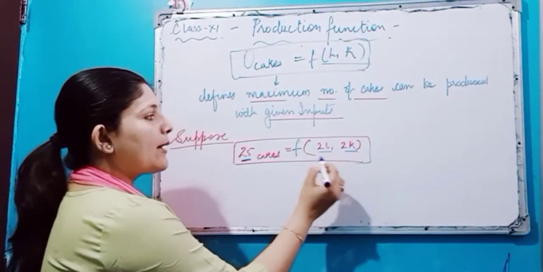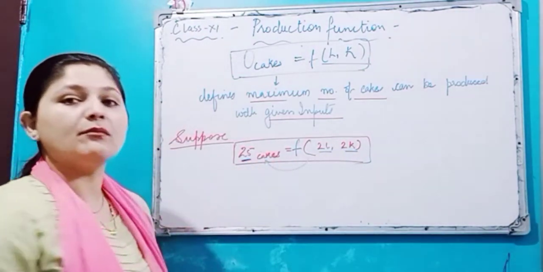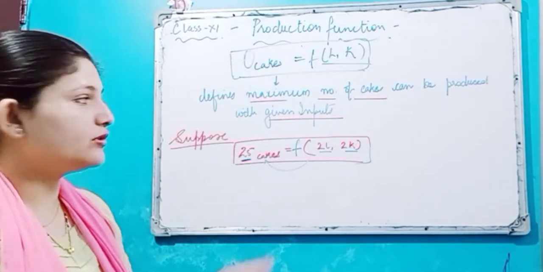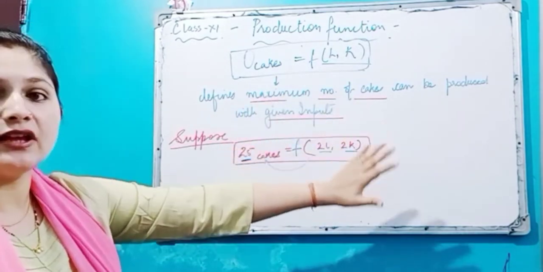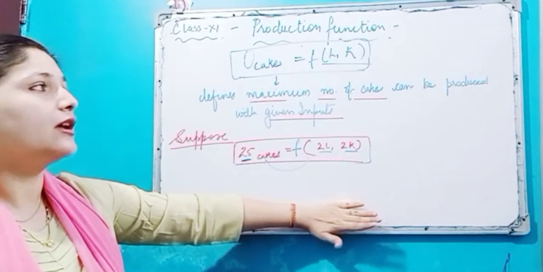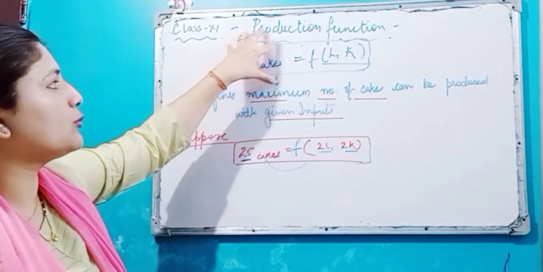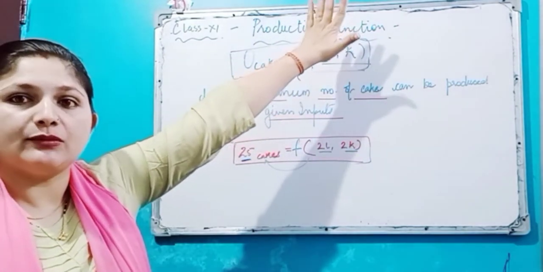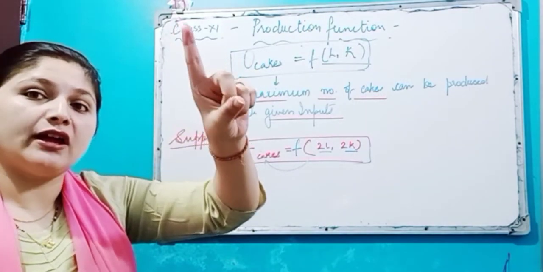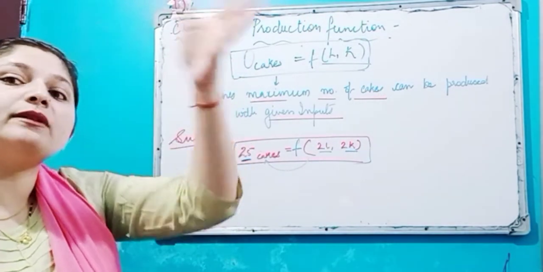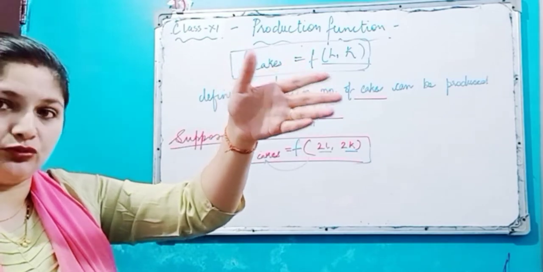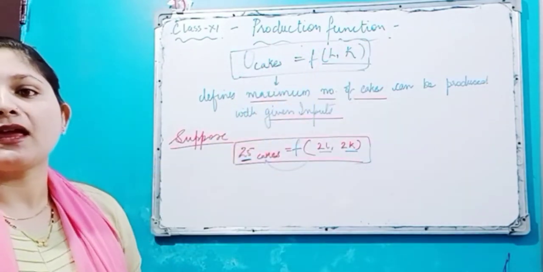That 2 labor and 2 capital will help us make a maximum of 25 cakes. So this is what I've written here in words, that the production function defines what could be the maximum output for the given input. The first job of this equation is to tell us what could be the maximum output produced if this is the given input.